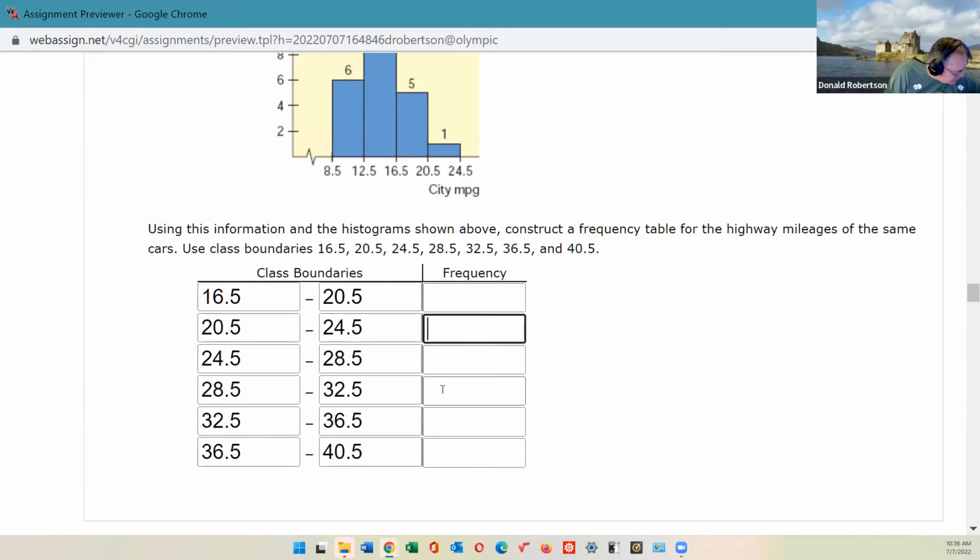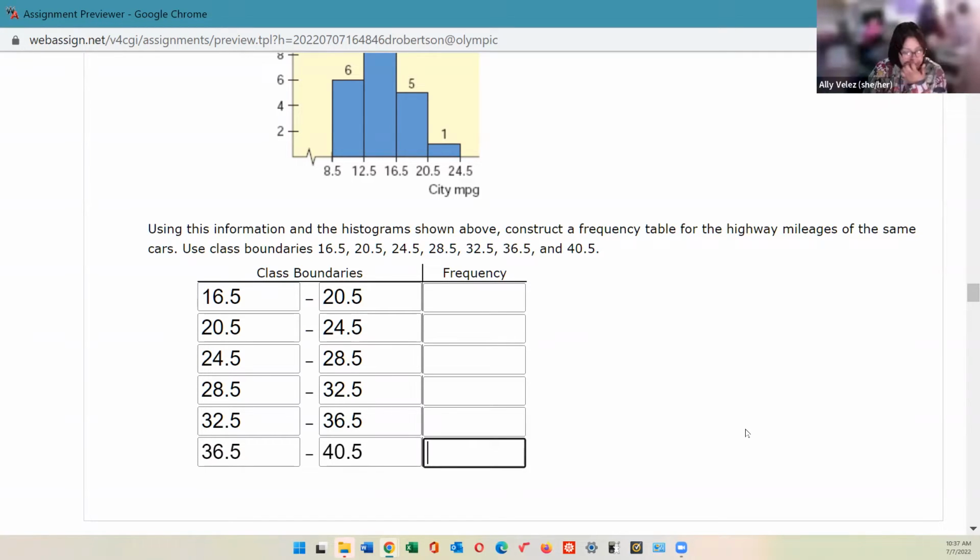32.5 gets counted here. If you were 36.5, would you count it in this interval or in that one? Which one would you count 36.5 in? In both? Not allowed to count them in both.